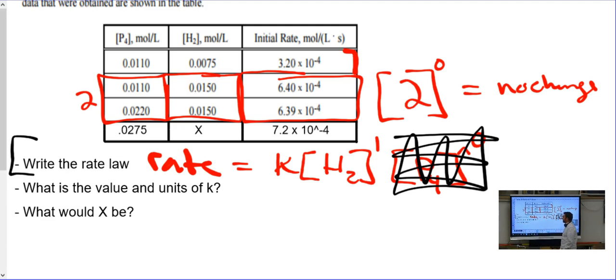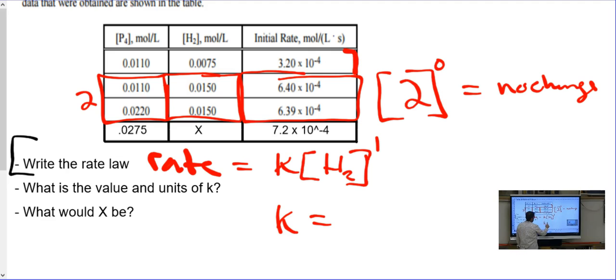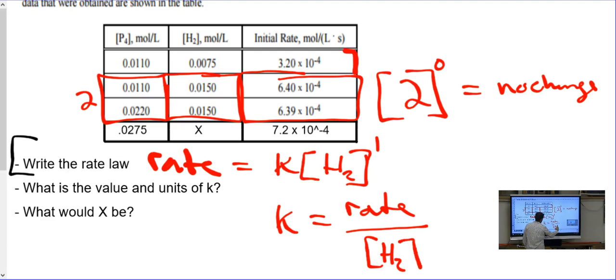What is the value and units of K? So I'm going to erase this and obviously rewrite that now. All right. So K will be equal to the rate divided by the concentration raised to the first, right?